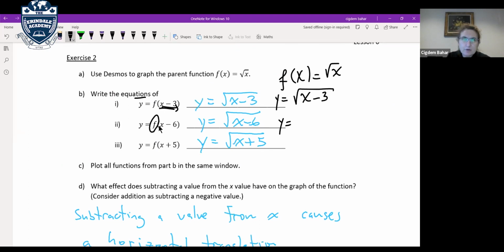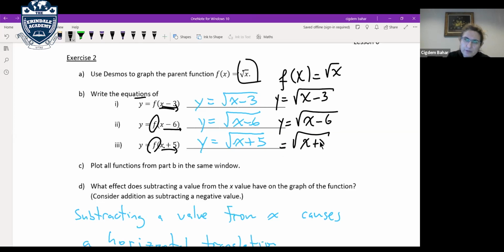And it says take your function, which is square root, and shift 6 to the right. This one, take your original function, root x. Positive 5 means 5 to the left. So this graph will be shifted 5 units to the left.